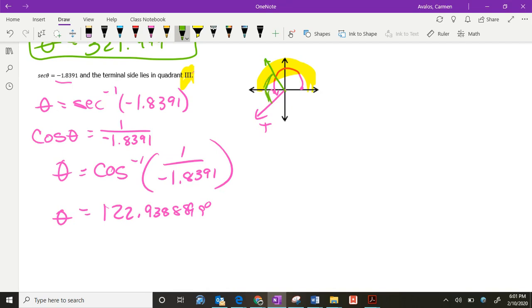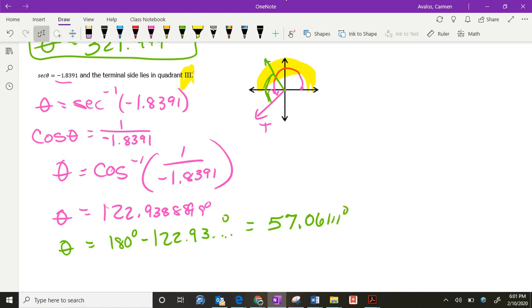And so what we do is theta is going to be 180 minus 122.93 degrees, and that is going to give us 57.06111 as a reference angle. So that's our reference angle there.